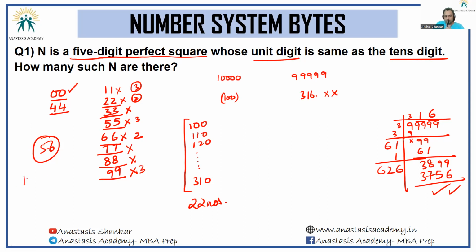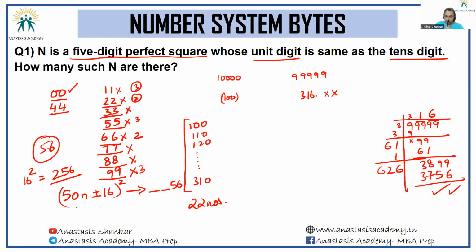Of course, we know 16 square is 256. So not just 16 square, all numbers which are of the type 50n plus minus 16 will have their square ending in 5, 6.